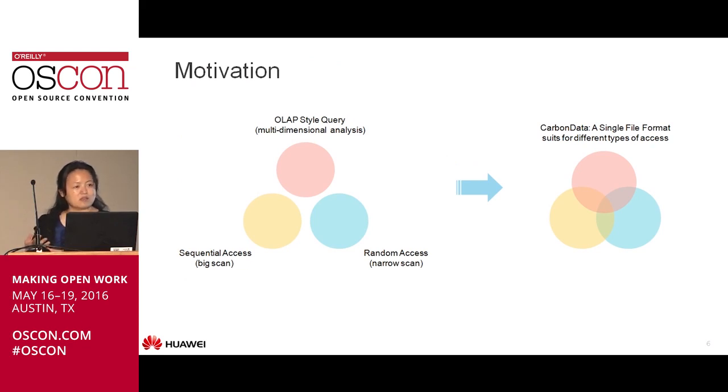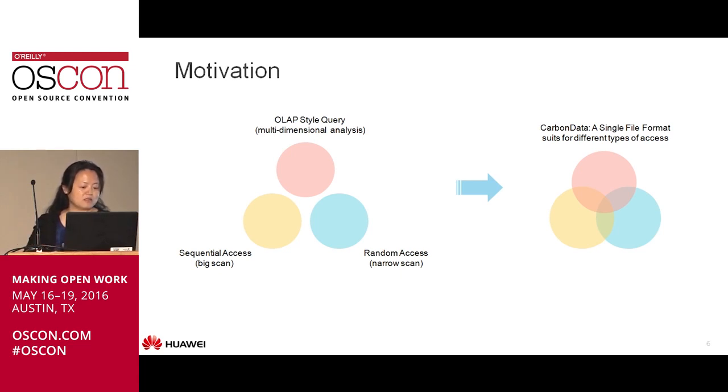So to summarize the three types of use cases, we see sequential access, which is a big scan. Column storage is the key here. Random access for narrow scan, HBase-based system is probably the big player for big data to be able to do a fast primary key lookup. OLAP style query involves multidimensional analysis.